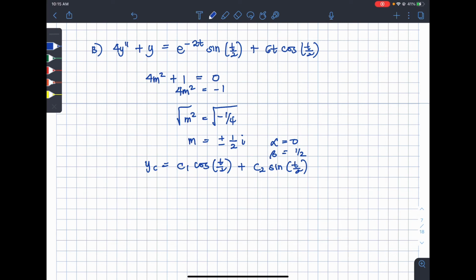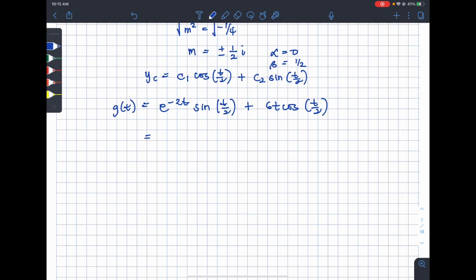For our particular solution then, we have our g of t. Our g of t is e raised to negative 2t sine t over 2 plus 6t cosine t over 2.